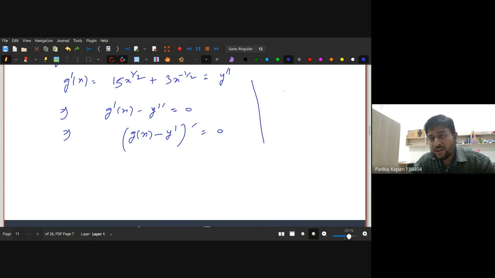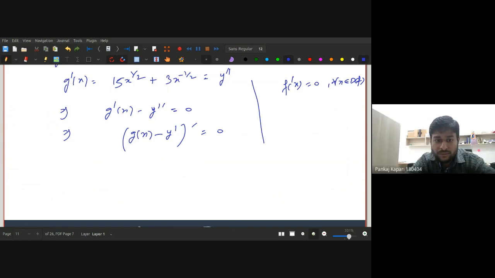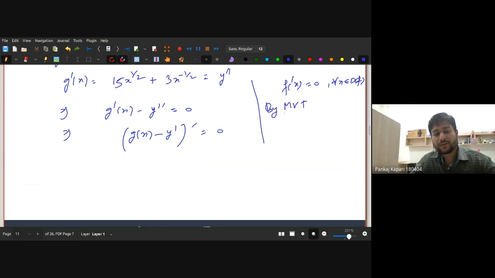Okay. So using the mean value theorem, you can prove that if the derivative of a function is 0 everywhere, for every x in the domain of the function, then by the mean value theorem the function must be constant, right? f(x) must be equal to some constant.